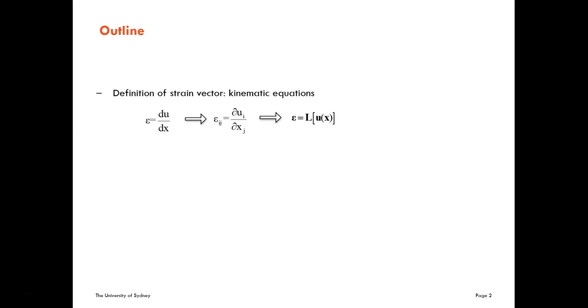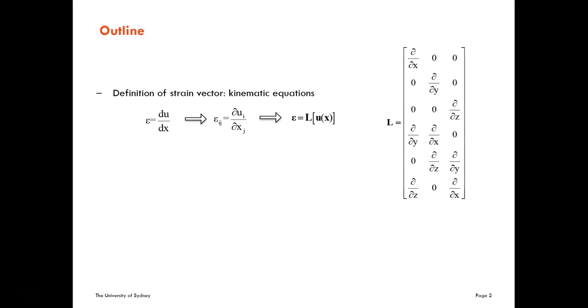E, this epsilon, is a matrix, this is another matrix, and this is the displacement field. So the matrix we are going to obtain is this one. We are going to see where this matrix comes from.